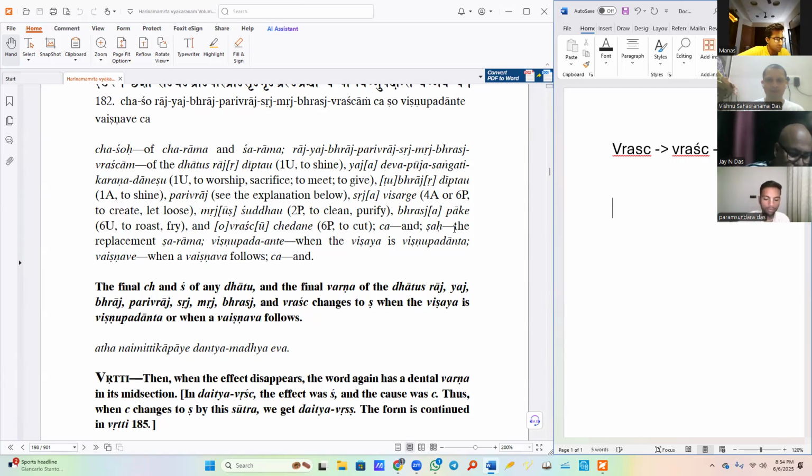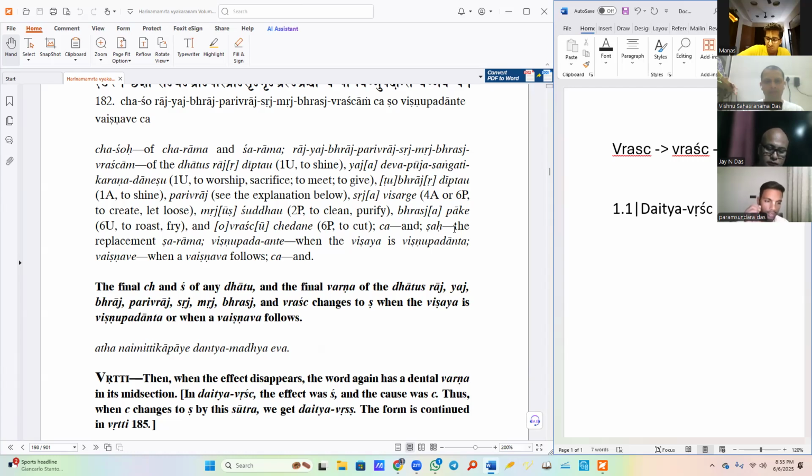Now, the word is Daitya Vrisht plus Su. So what happens is Su gets deleted by Radha Vishnu Janabhyami Paschatri Vikramat Sorharaha. We delete Su by that sutra.